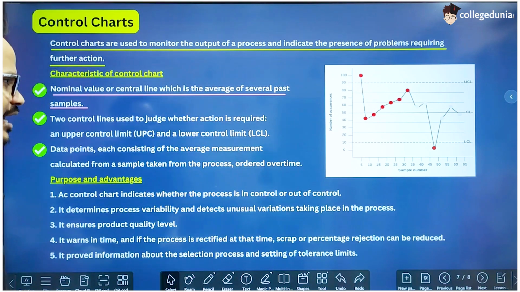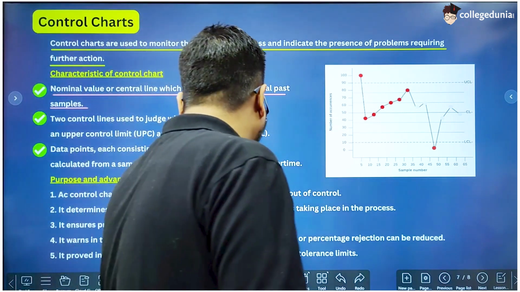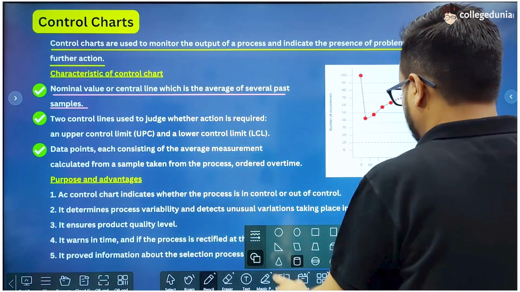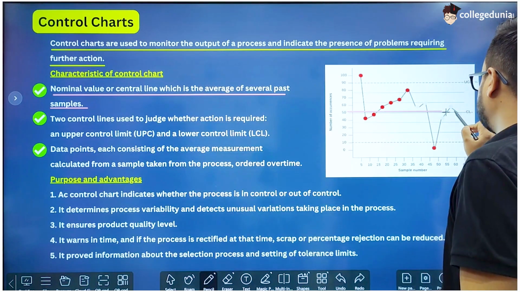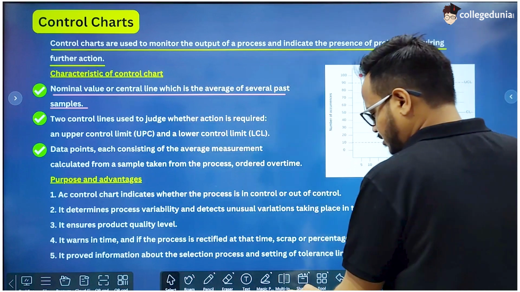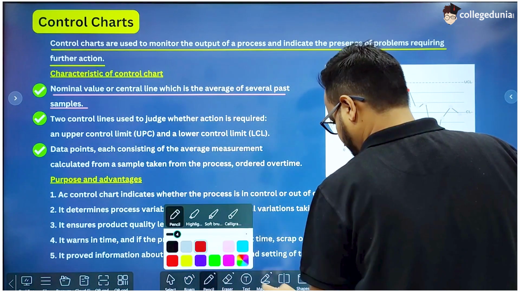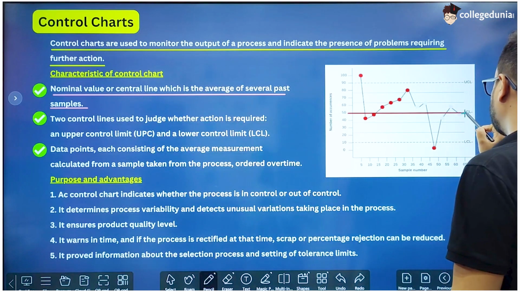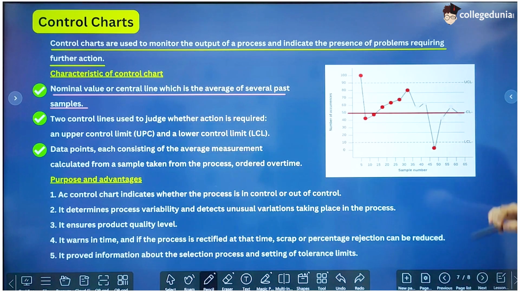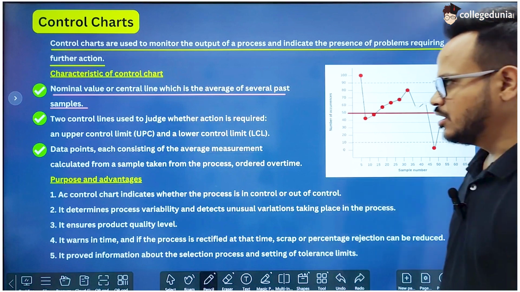And according to that average value, we make a control line in the control chart, which in this example is this line. Let me use a dark color. This is represented by CL. CL means the control line, right?